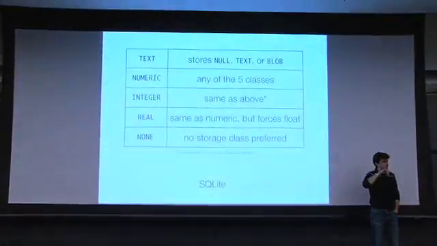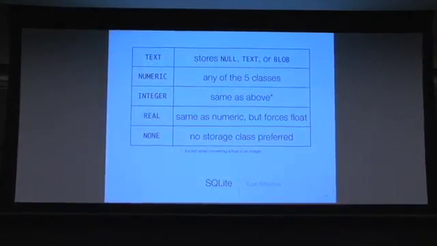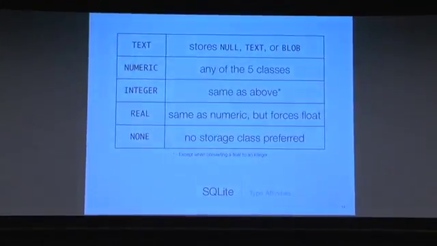Now that I'm put on the spot, I forget exactly what it was, but there is some different way that a field type of integer behaves when you provide a float to it versus the numeric type. I believe the numeric type will actually store the float itself, whereas an integer may actually cause that to be cast to an integer. But we'd have to look that up in the documentation.